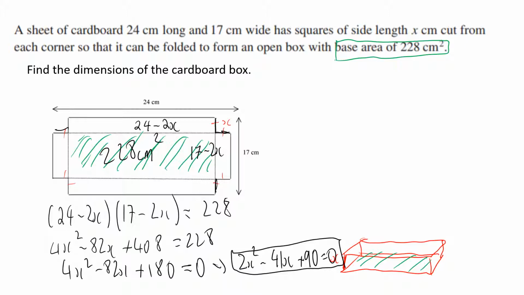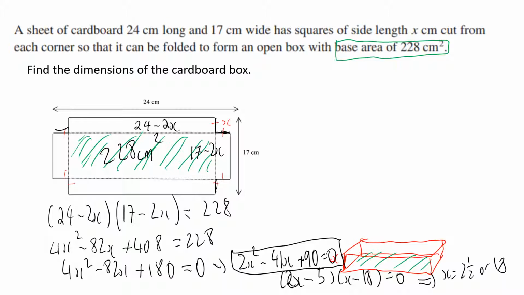No, sorry, 18 and 5. So 2 times 18, that would be it. So let's go 2x and x. So that would have to be minus 18, and of course minus 5 equals 0, and that leads us to our solution of x equals 2.5 or 18.